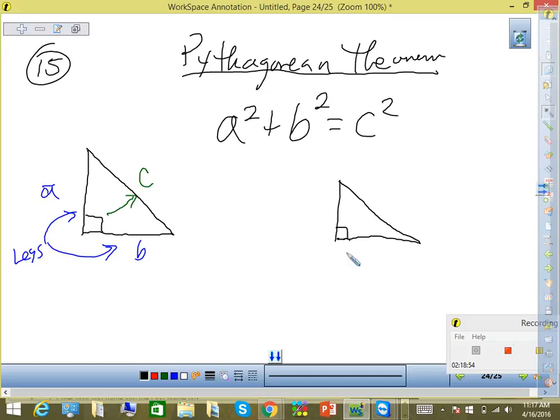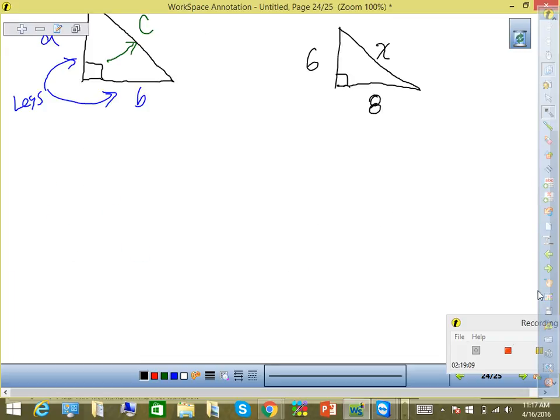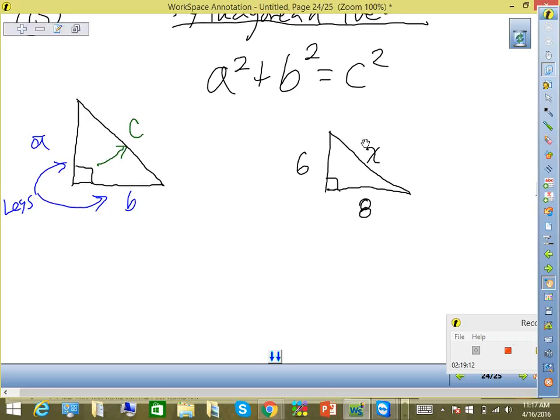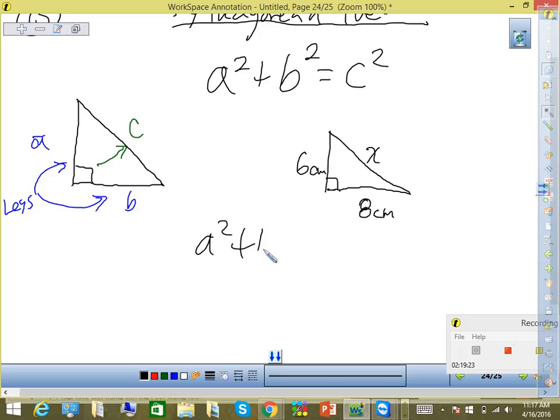Write this down. 8, 6, X. So, to solve for the missing measurement, let's write this as centimeters. We need to use this formula. So we write A squared plus B squared equals C squared. So which one would be A? So we write here 6 squared plus 8 squared equals X squared.